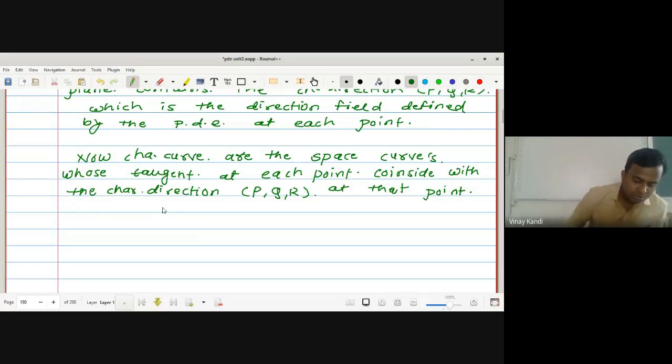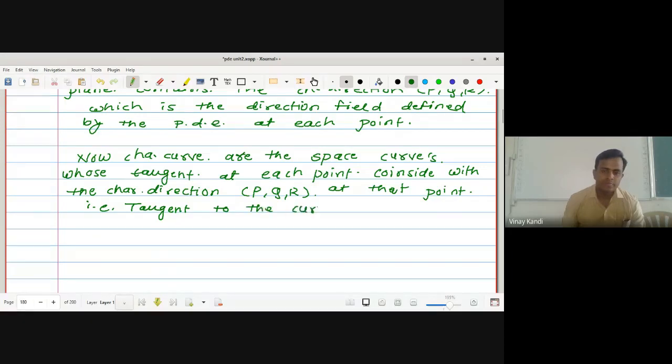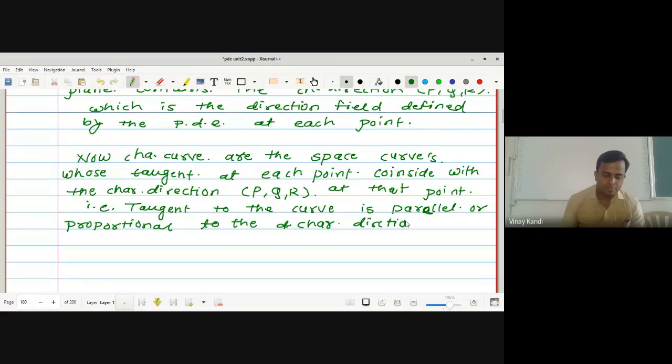What is the meaning of this? The tangent to the curve is parallel or proportional to the characteristic direction at every point on the curve.